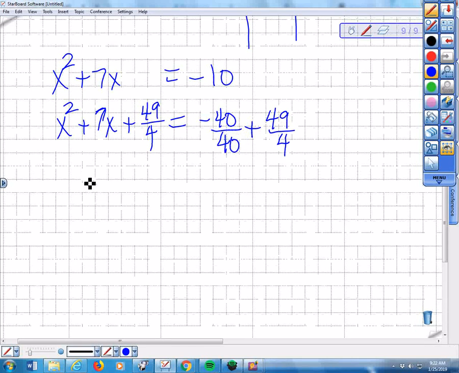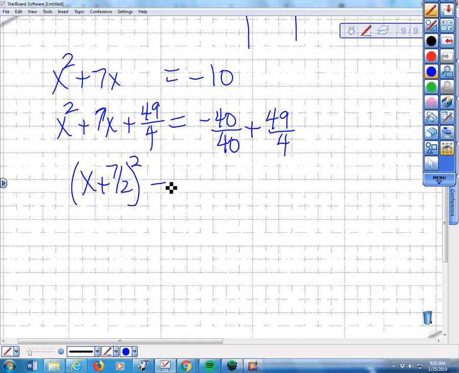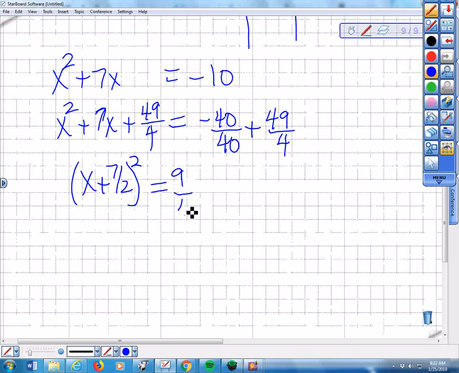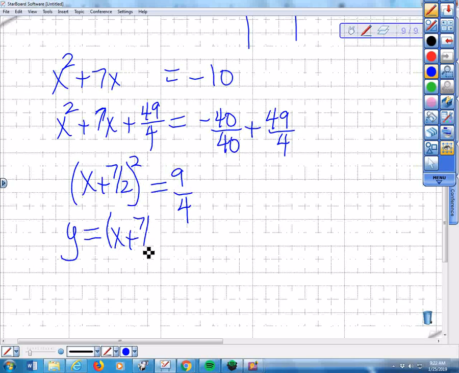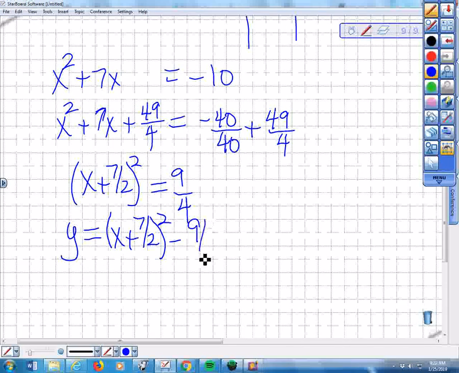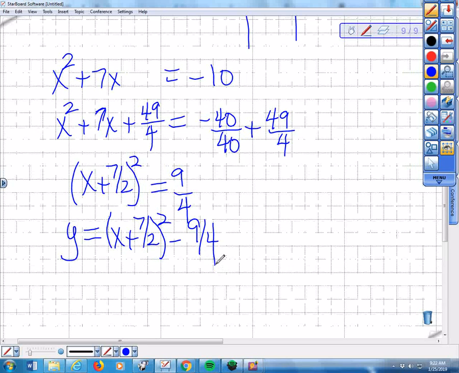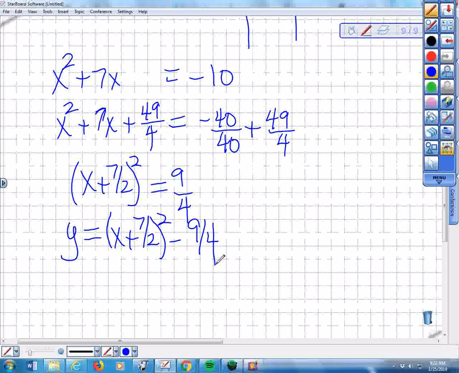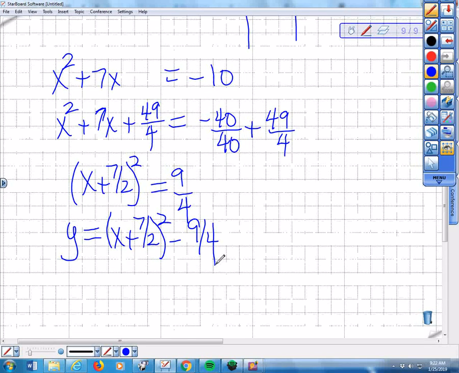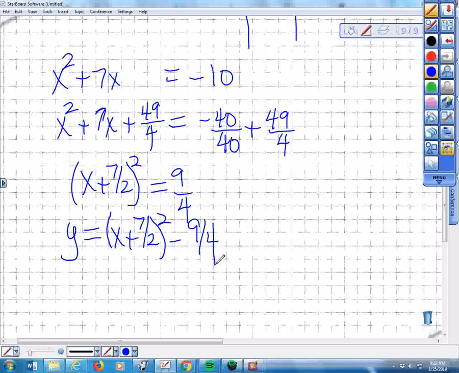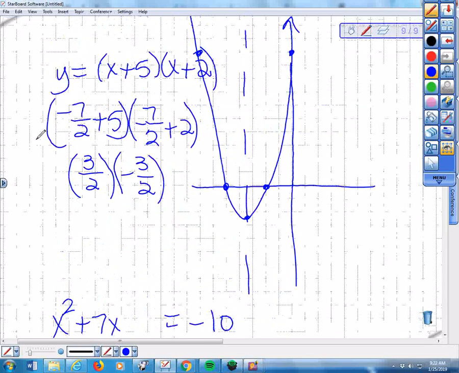So this is x plus 7/2 squared equals 9/4. So now it's in vertex form for the same equation, and looking at it, I can tell you the vertex. What is it? -7/2 and -9/4, which is exactly where I found it the other 2 times.